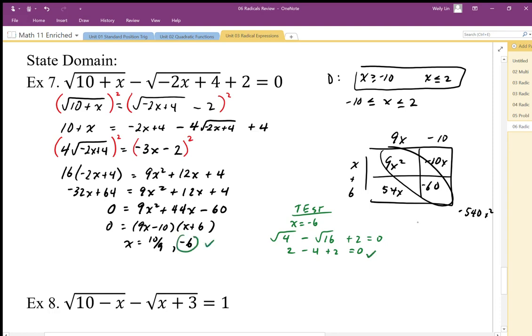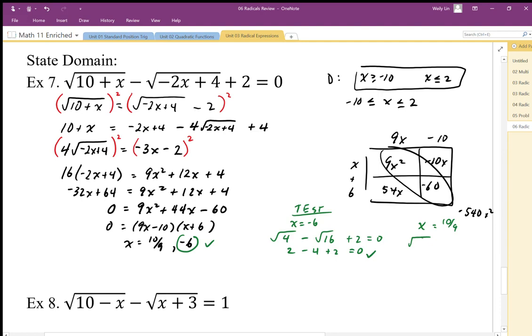Now we're going to test 10 over 9. We could use a calculator for this, but I'm just going to plug it in the way it is. So 10 over 9 is going to give us 100 over 9.